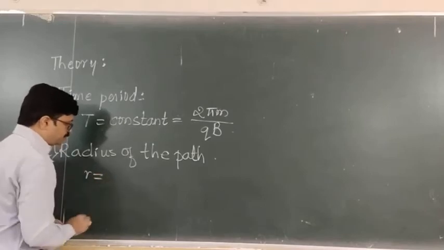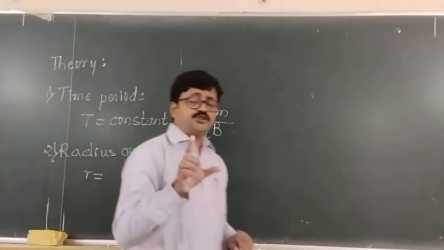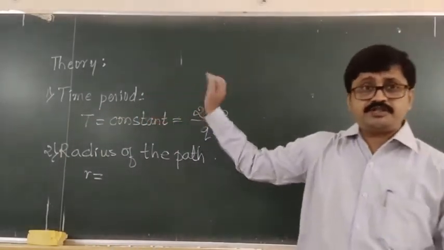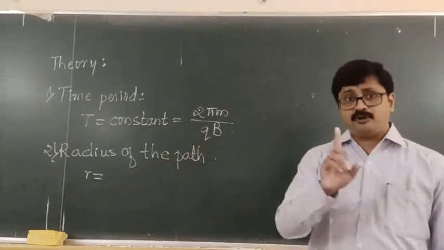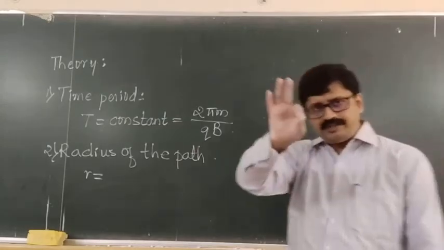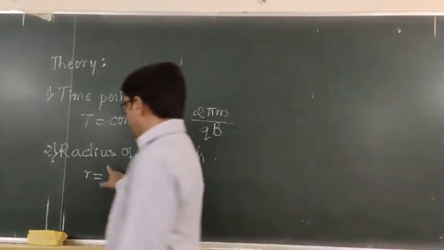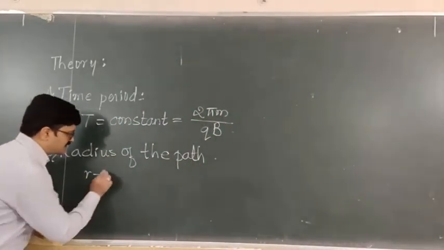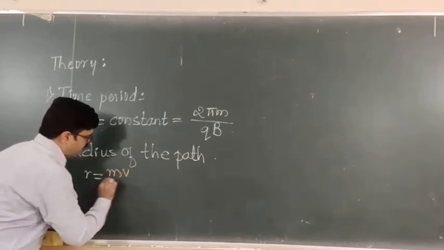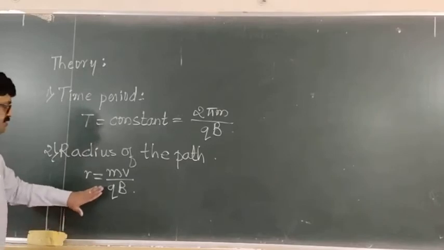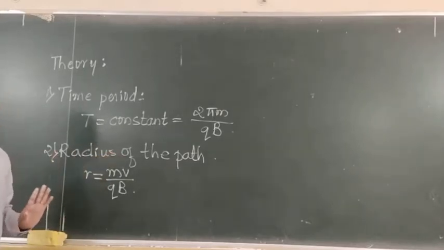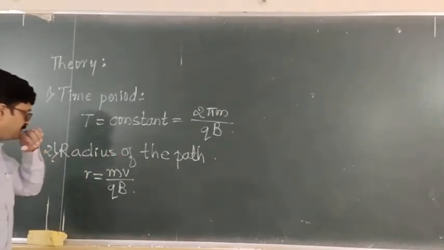Remember my discussion on motion of a charged particle in a uniform magnetic field. In that we derived one formula, mv divided by qB. It is that same formula. So radius r is equal to mv divided by qB. This is the radius of the path. I hope it is clear. Right?